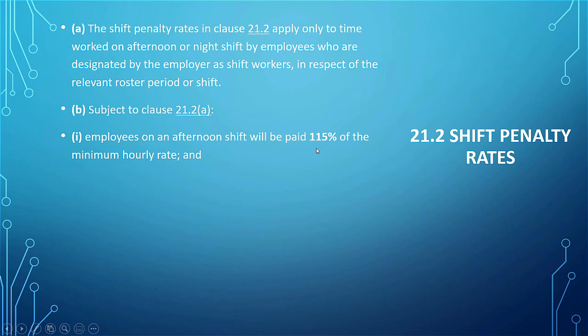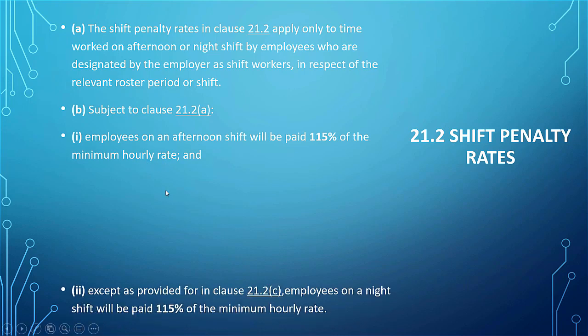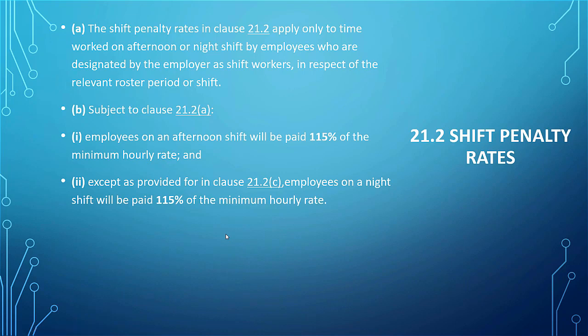It's 15% of that. I think it's a little bit misleading saying 115%, because really the 100% is your base rate and your casual loading, and then you get an extra 15% on top of those two rates as the shift penalty rate.